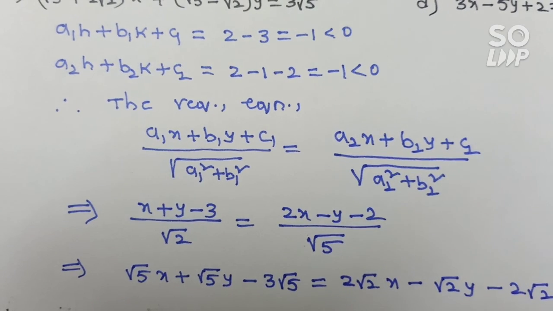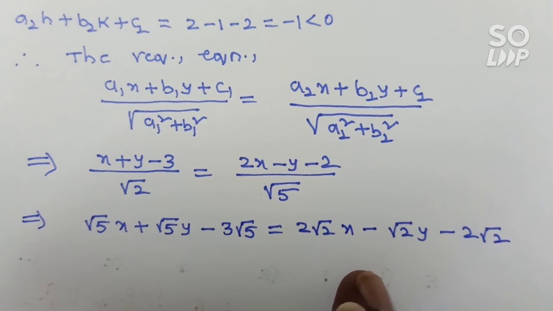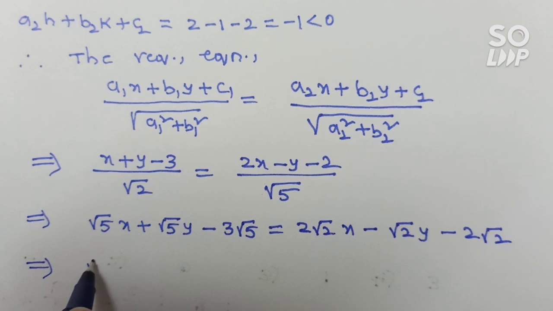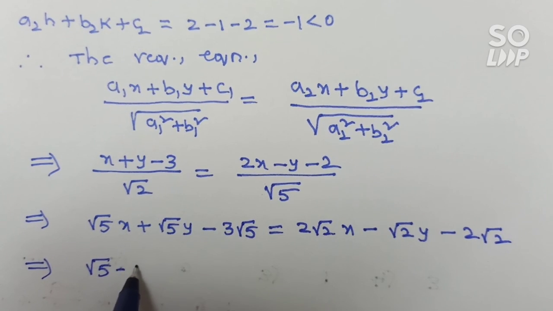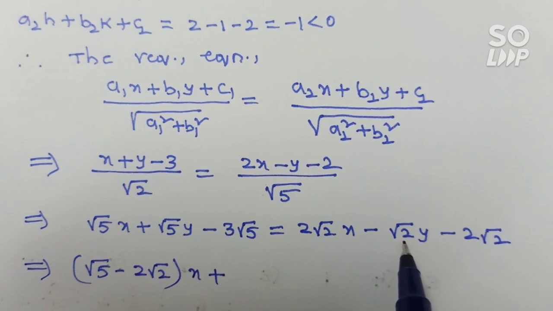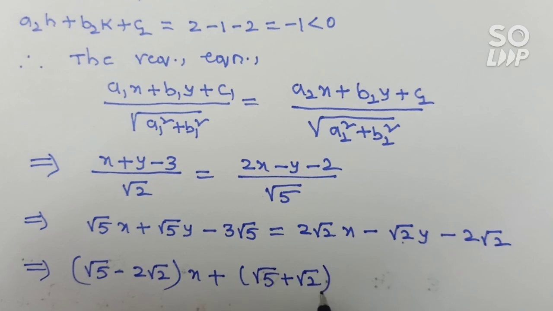Here you get all these terms to the left hand side. That becomes root 5 minus 2 root 2 into x, plus root 5 plus root 2 into y.